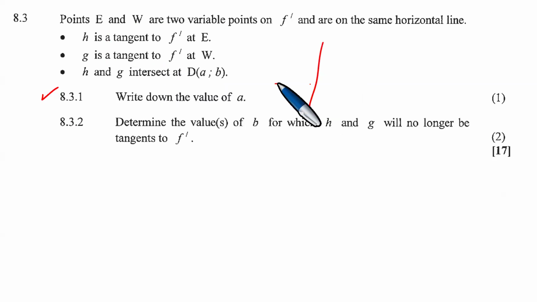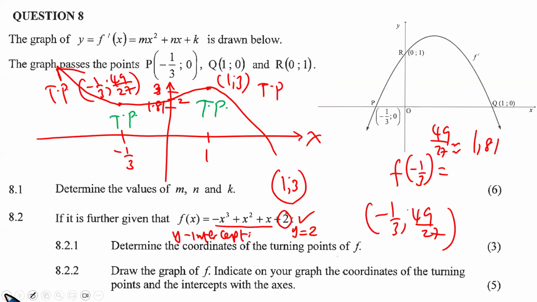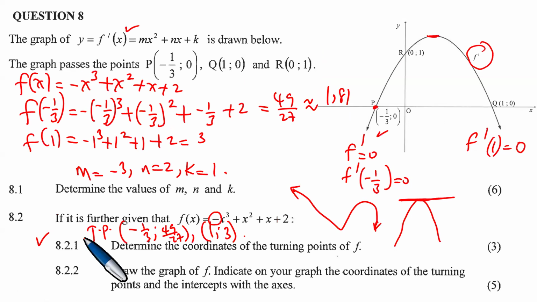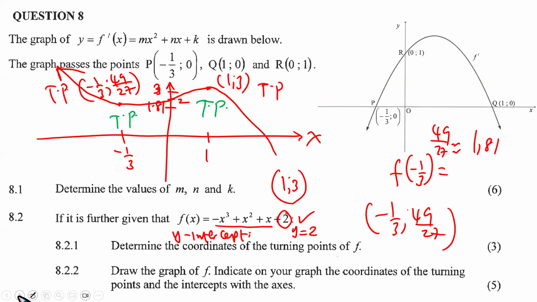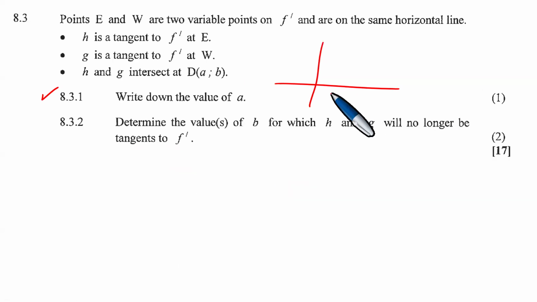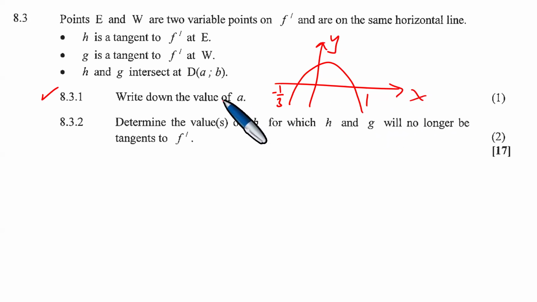G is a tangent to F prime at W. So let's look at what the examiner is trying to tell us here. F prime is the graph of F prime, this one. Let us draw a rough sketch and see what the examiner is telling us. He's telling us some stories. Minus 1/3 and 1, like this.